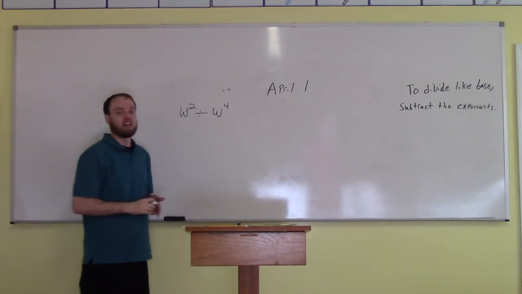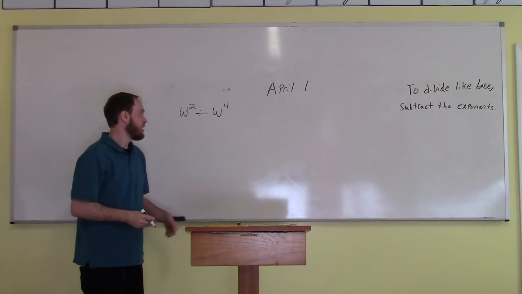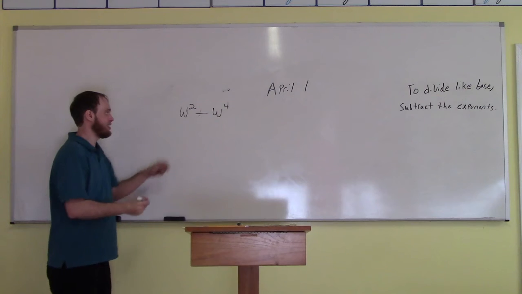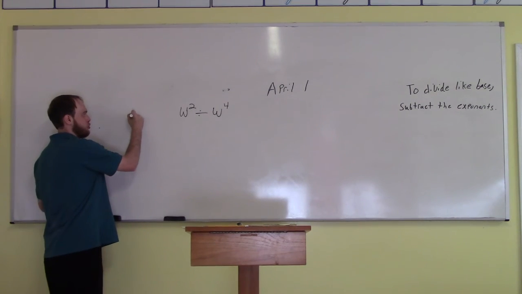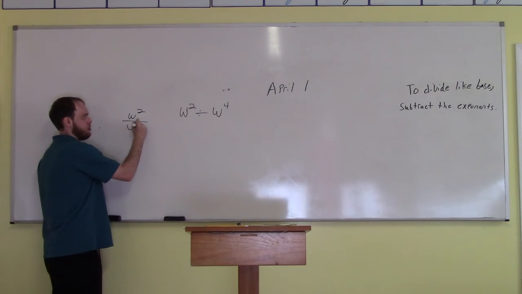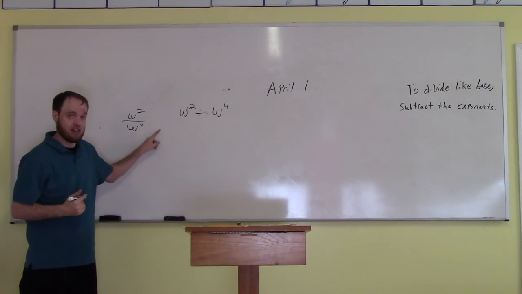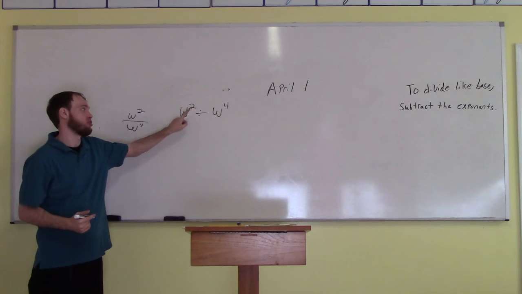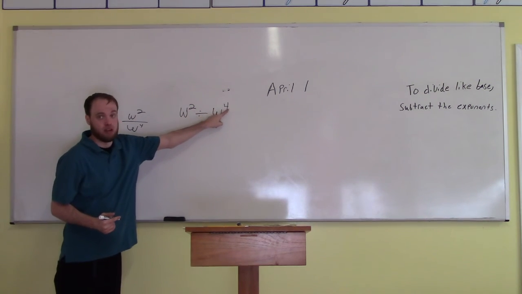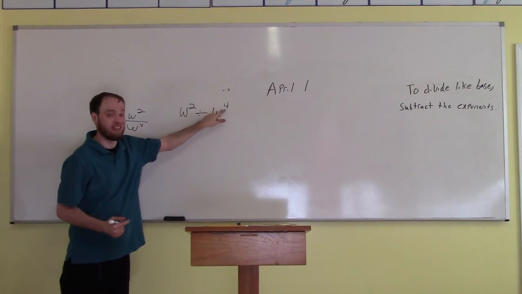And so it's just a different form of division. What this really is saying is W to the 2 divided by W to the 4. When it's written like this, we're just going to subtract this number minus that number, the first one minus the second one.